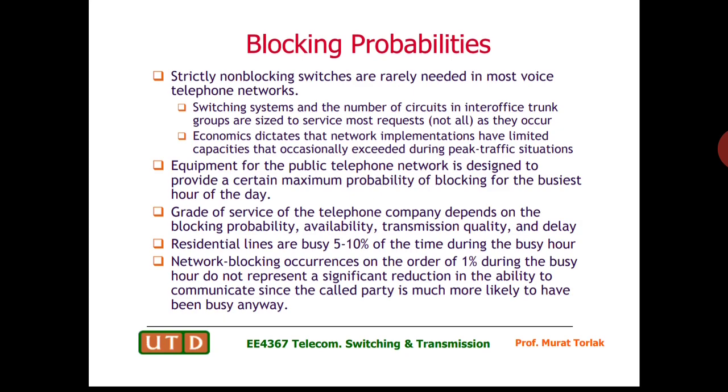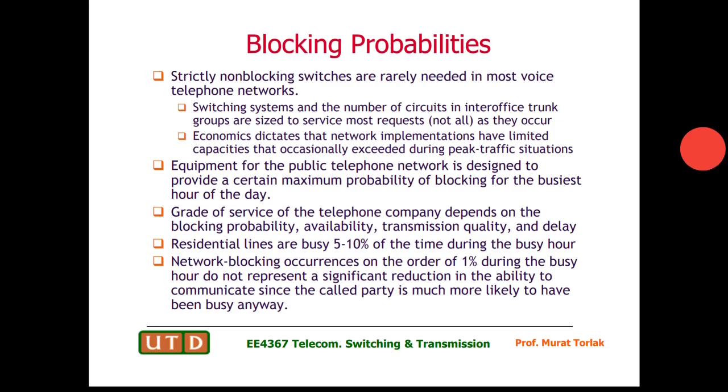Residential lines are busy 5 to 10% of the time during the busy hour. And lastly, network blocking occurrence is on the order of 1% during the busy hour, since the called party is much more likely to have been busy anyway.